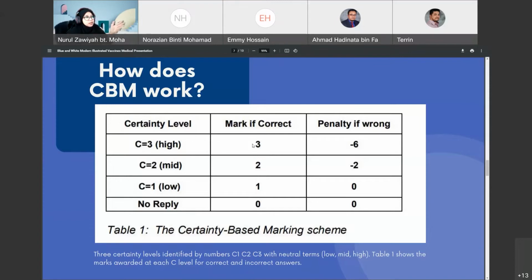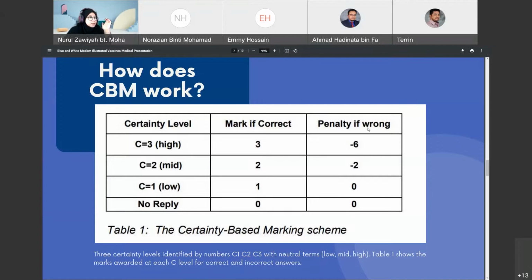Let's say you have a quiz and each question is 1 mark. So you have 4 questions, the full mark is 4. But if the student is correct for all 4 and very confident, he or she will get 12 marks, meaning 3 multiplied by 4 questions. So it's a huge gap between the original marks and the CBM marks.